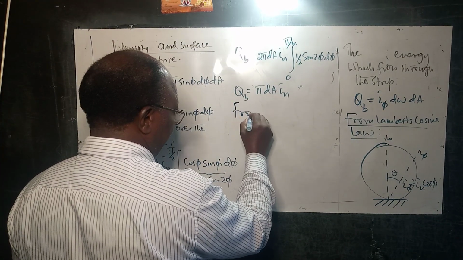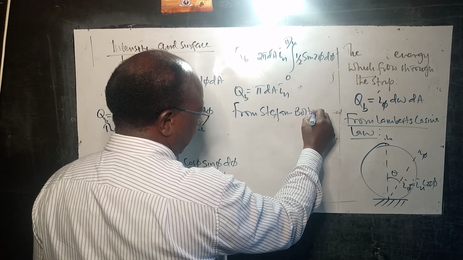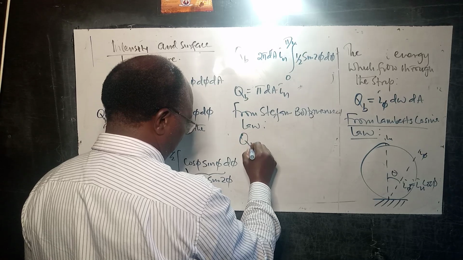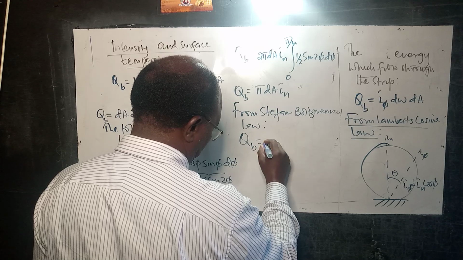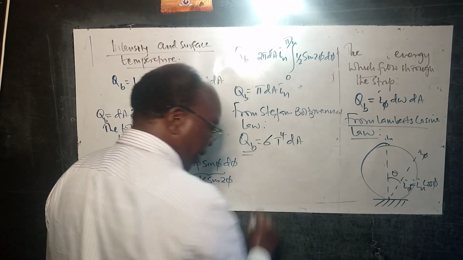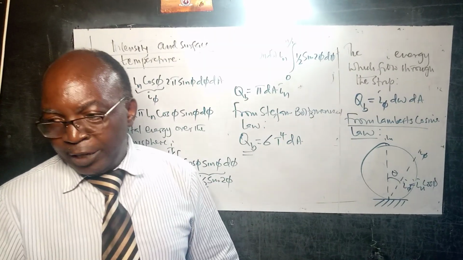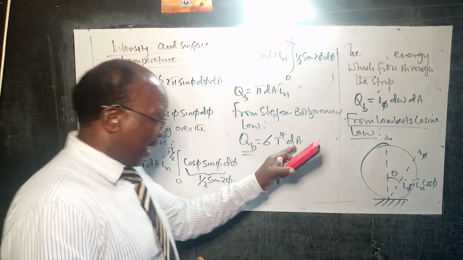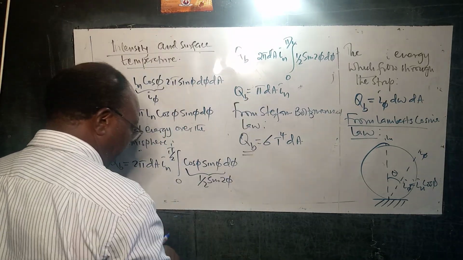So from Stefan-Boltzmann law, Q B is sigma T to the power 4 dA. Remember, we talk of rate per unit time per unit area, but now we are talking of rate per unit time. So we have area appearing there now. And so we equate both quantities.